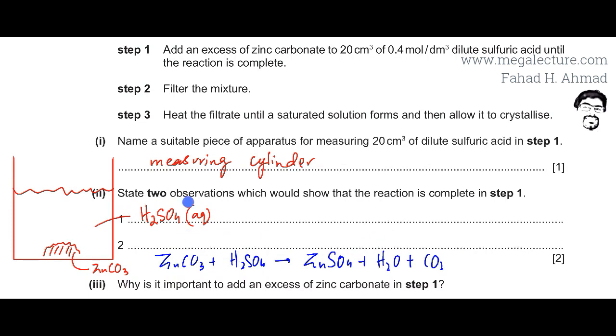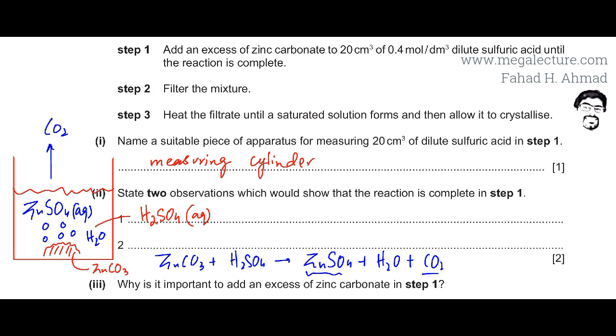As soon as you mix the two substances, zinc sulfate is produced, which is soluble, so it would be in aqueous state and become part of the solution. CO2 gas is also produced, so you would start noticing bubbles. Plus, there's going to be H2O, which would also become part of the solution.